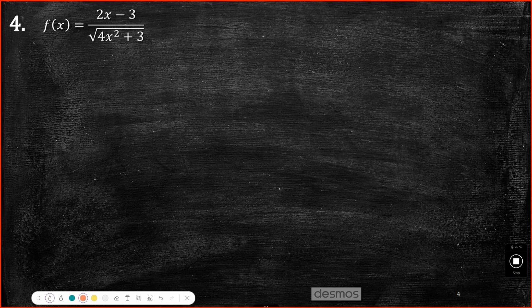What happens when you have something like this? Where are the horizontal asymptotes when there is a radical, a square root, in a fraction?